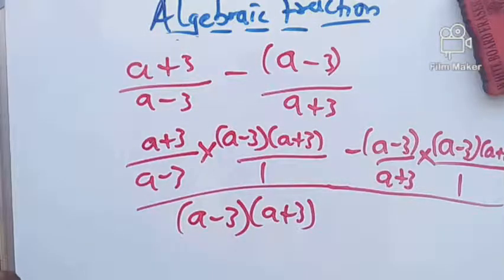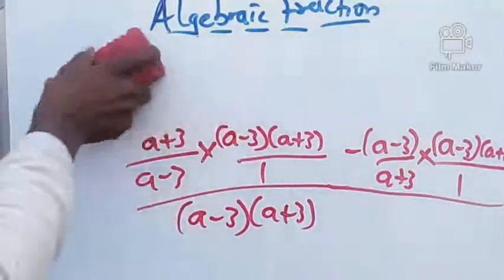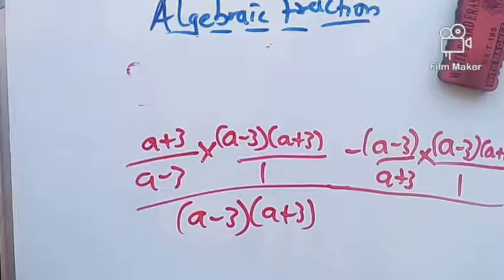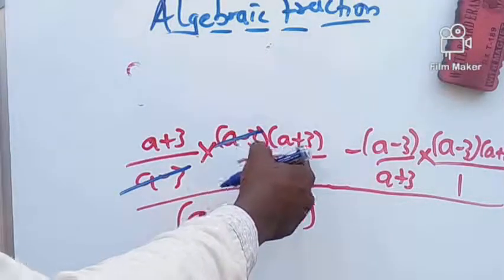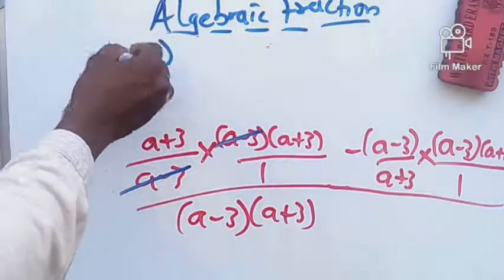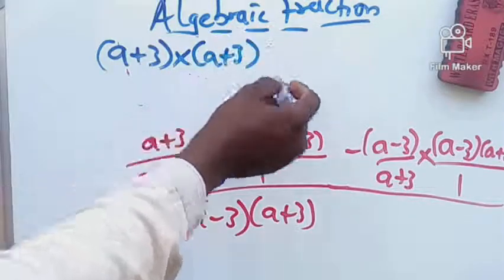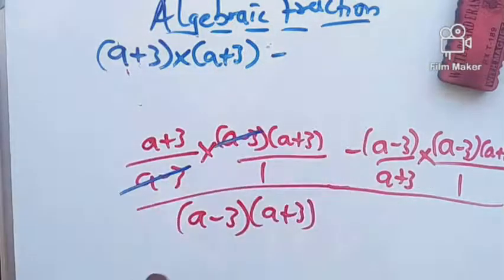So we go ahead and simplify the operation. Notice that from this given expression, a minus 3 here can take care of a minus 3. And you're left with a plus 3 and a plus 3, which will be written as a plus 3 multiplied by a plus 3. And then you have the subtraction sign, minus.